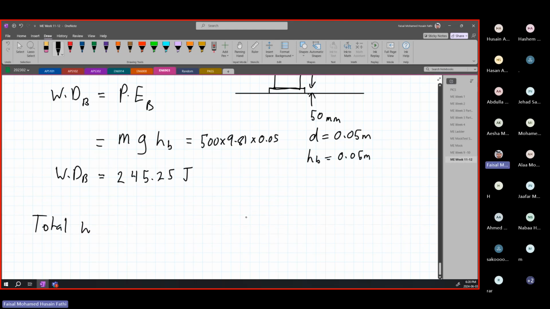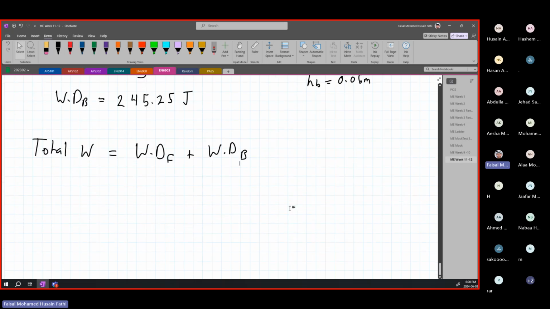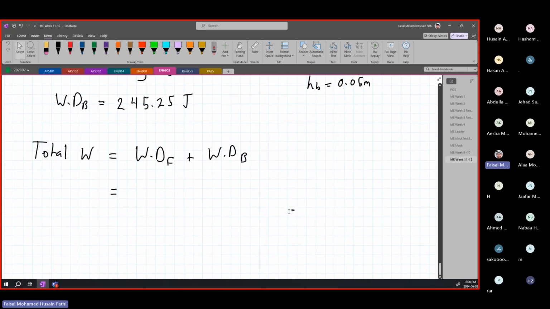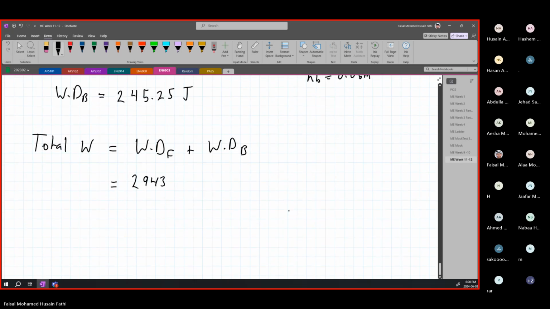Total work is going to be equal to the work done by the forging plus the work done by the base plate. Just add them up. It's the total work. So it's going to be equal to 29430 plus 245.25.